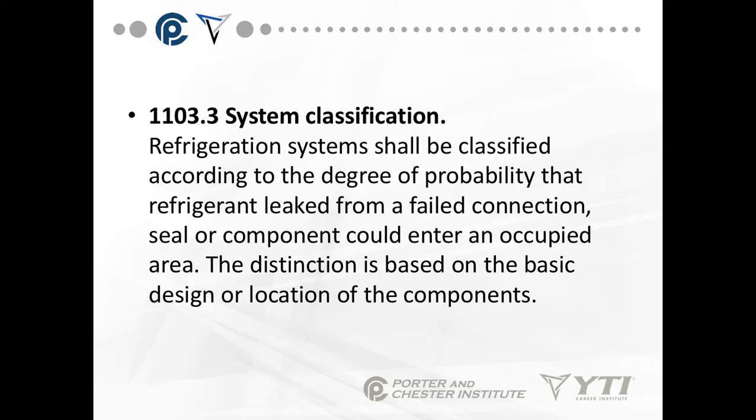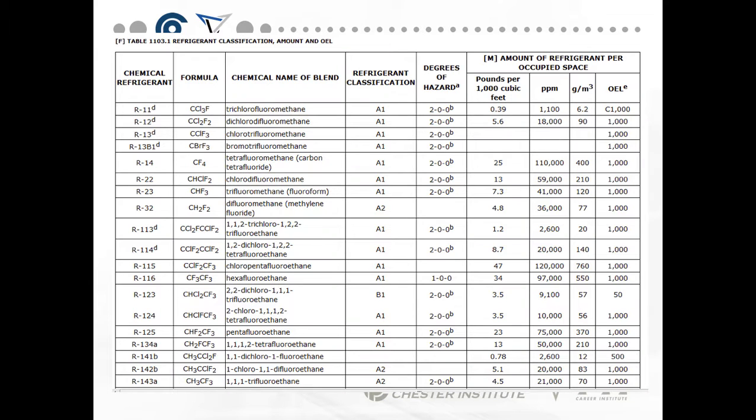System classifications: refrigeration systems are classified according to the degree of probability that refrigerant leaks from a failed component seal could enter an occupied area. So for refrigeration, it's based on the probability of leaks, not the temperatures to which the system cools.